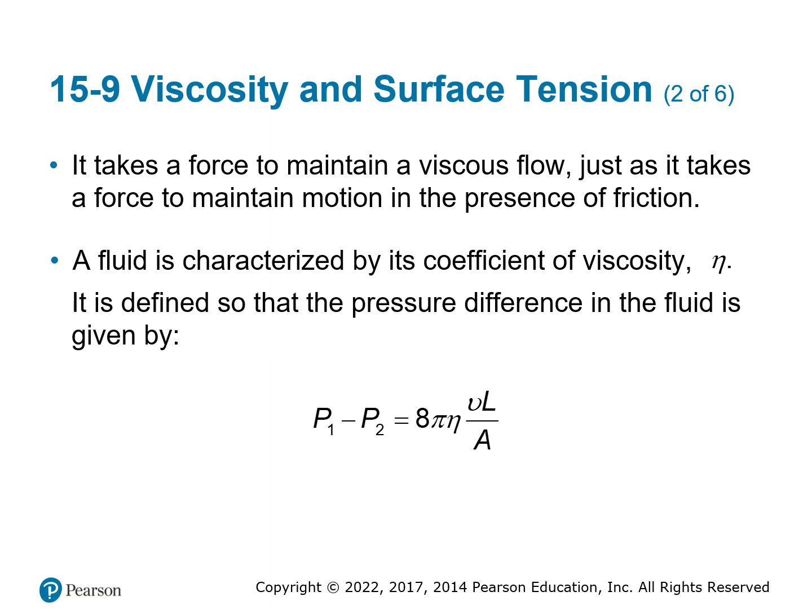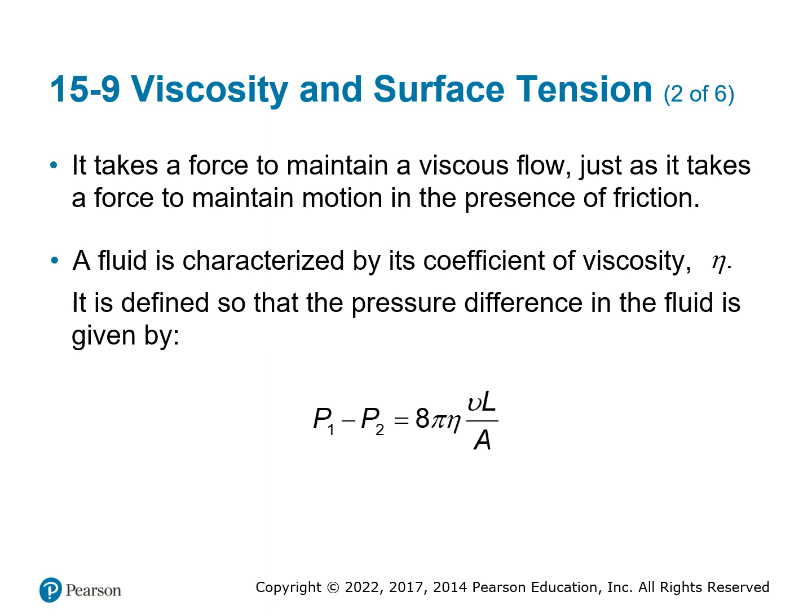So it takes a certain amount of force to maintain a viscous flow, just like it takes a certain amount of force to maintain motion when you have friction, right, to keep it going. A fluid is characterized by a coefficient of viscosity, just like you have a coefficient of friction, and that's this little guy here.